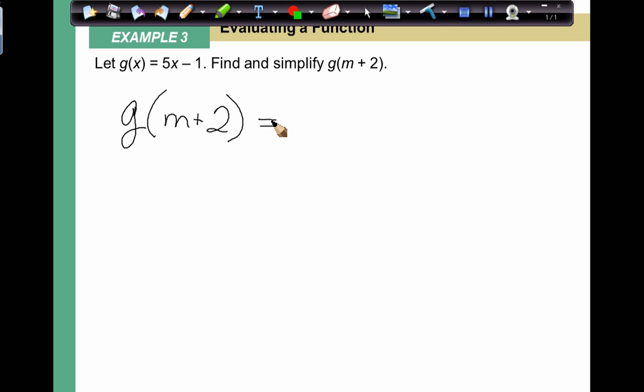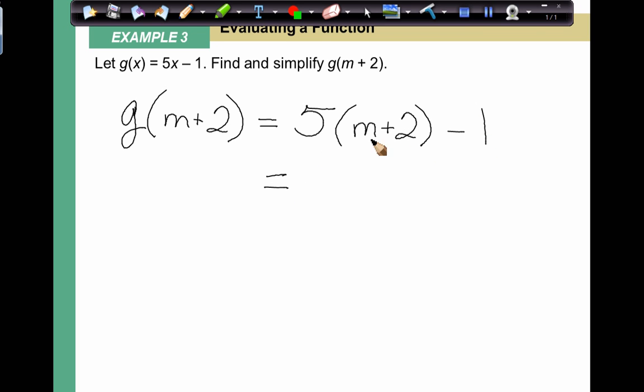What's going to happen to the m plus 2? The factory, the function, is going to take that m plus 2, multiply by 5, and then subtract 1. So we will have 5, replace x with m plus 2, then minus 1.